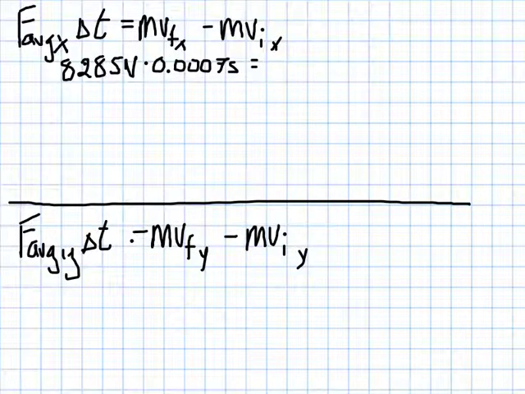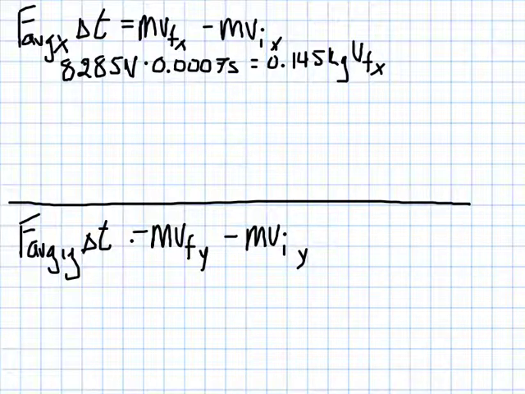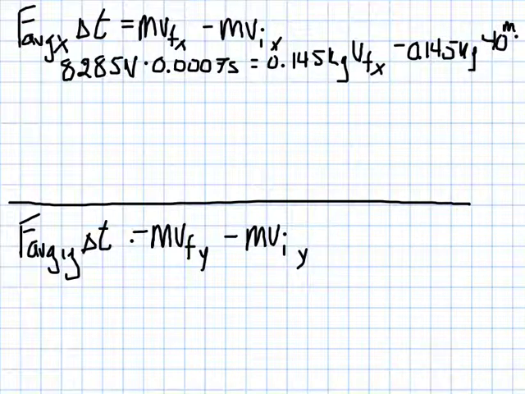And this had to be equal to the mass, which is 0.145 kilograms, times the final velocity in the x direction, which I don't know, that's what I'm solving for, minus that same mass, 0.145 kilograms, times the initial velocity in the x direction, which was 40 meters per second.